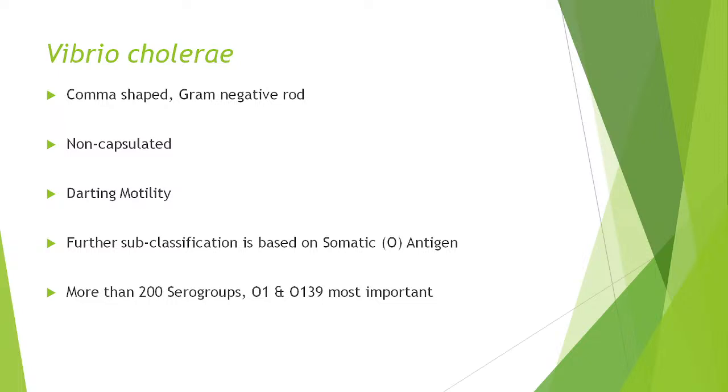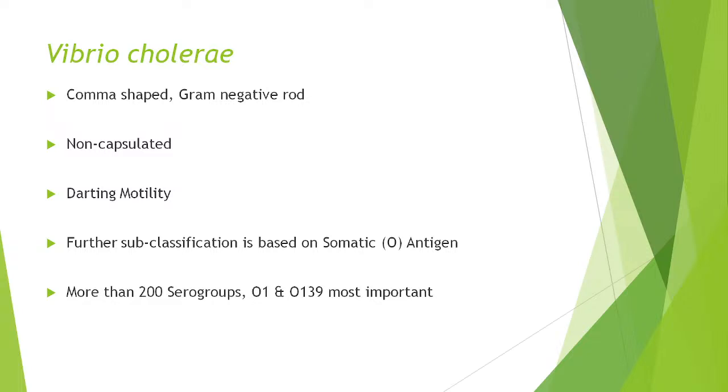So Vibrio cholerae, I have already told you, is a comma shaped gram negative bacillus. They are non-capsulated, show darting motility, and like any other gram negative, it has a somatic O antigen, and on the basis of that they are further serotyped.